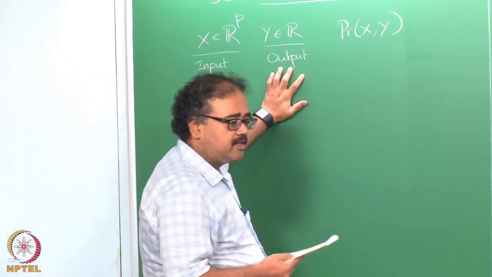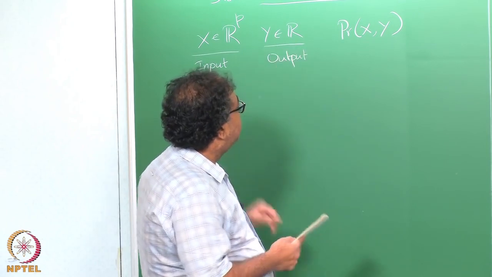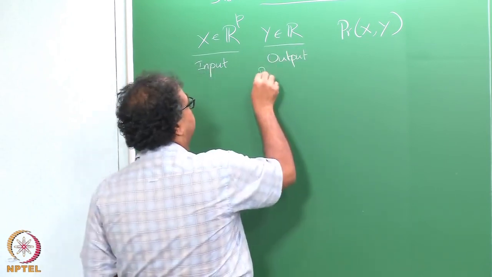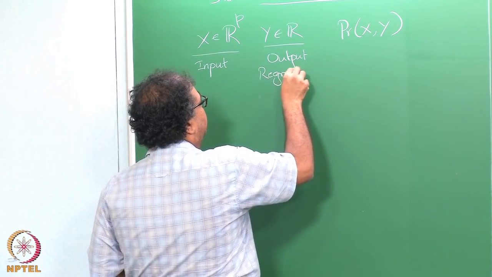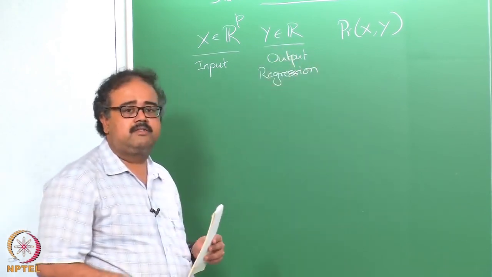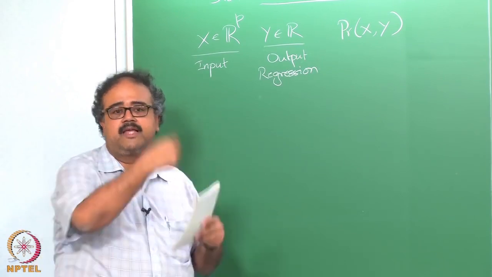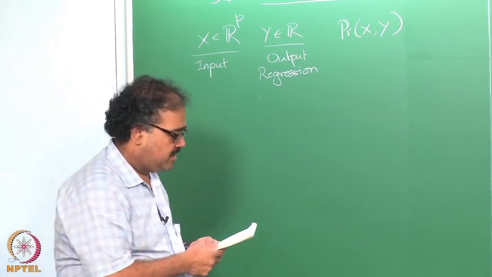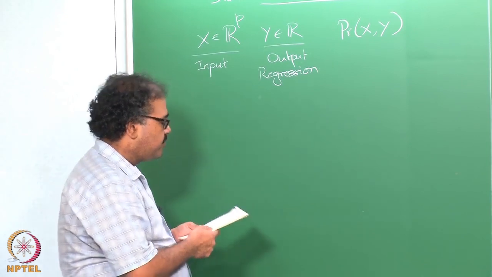And the output, at least in the initial regression case that we will see, I will assume is drawn from the real numbers again. This would be like the temperature that we saw in the second example in the previous modules.